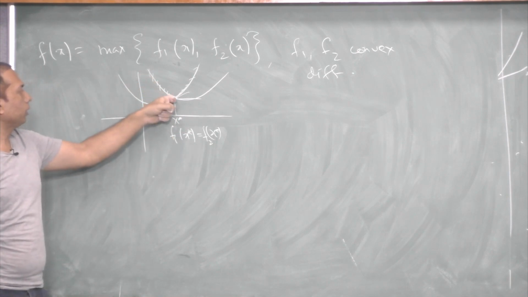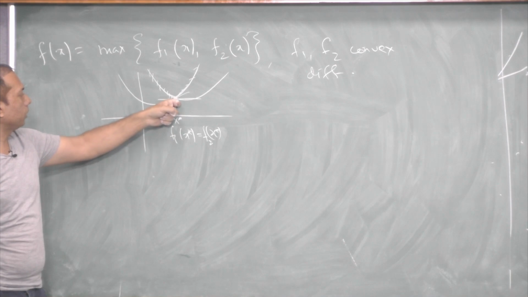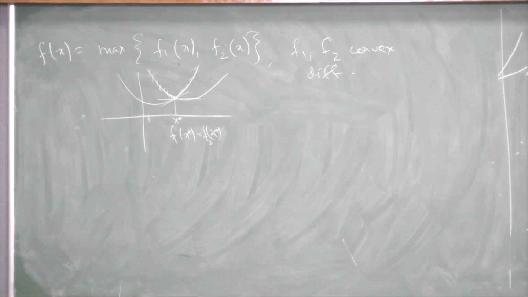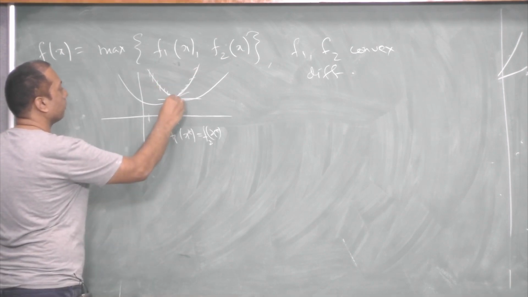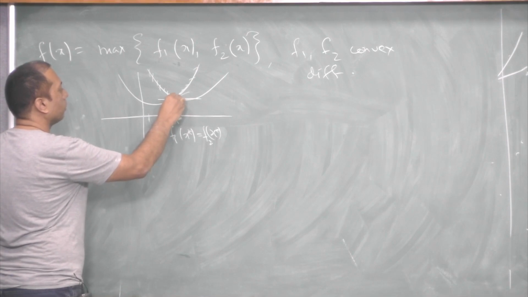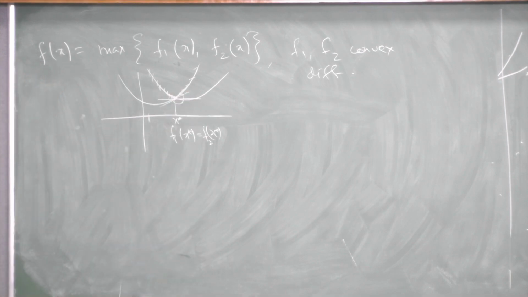So the only kink happens when f1(x) equals f2(x).